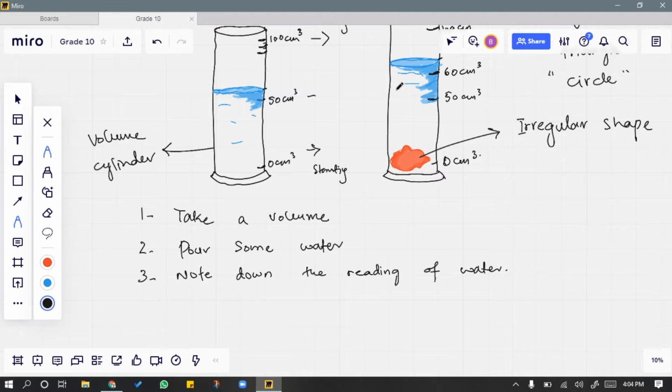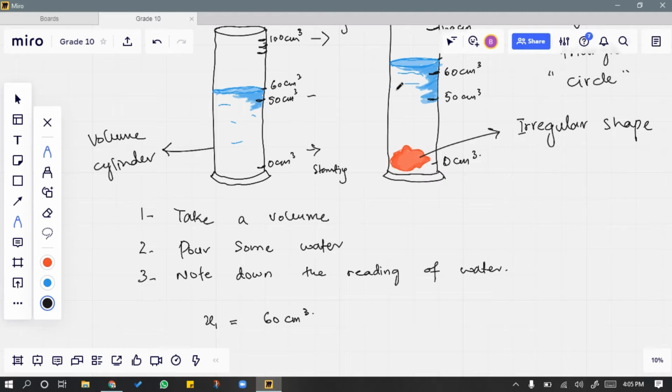In this case, we can see the reading is just a little bit above the 50 centimeter cubic mark, so we call it 60 centimeter cubic. So we note down our reading without the object as x1, which is 60 centimeter cubic.